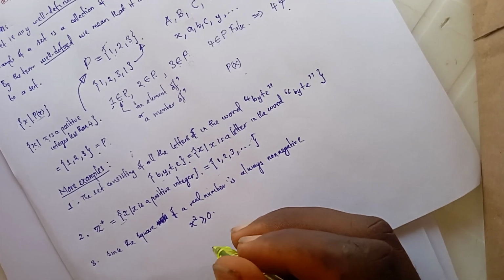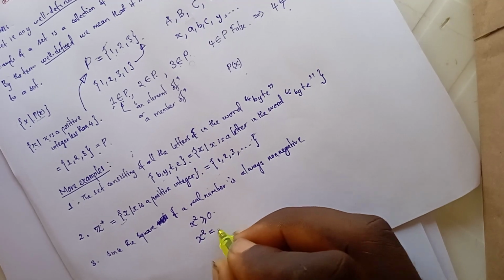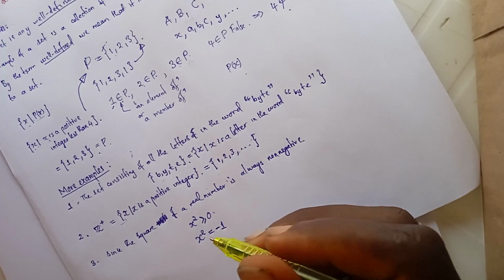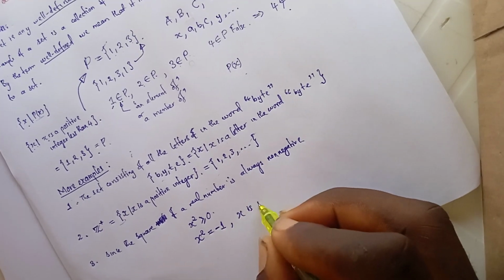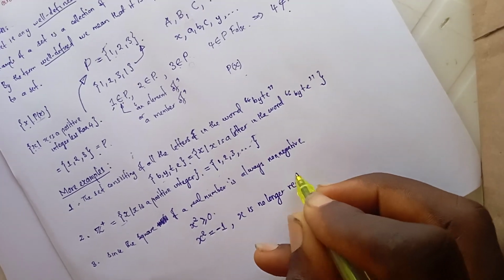Now let's suppose we have the situation where x squared is actually equal to a negative value, minus 1. Technically, x ceases to be real.